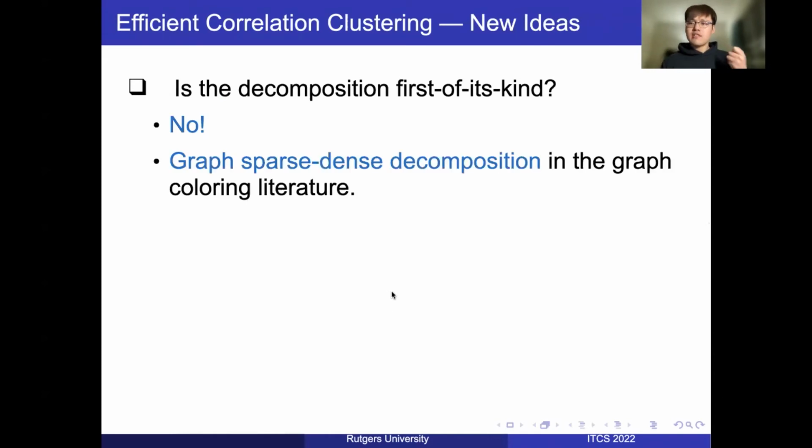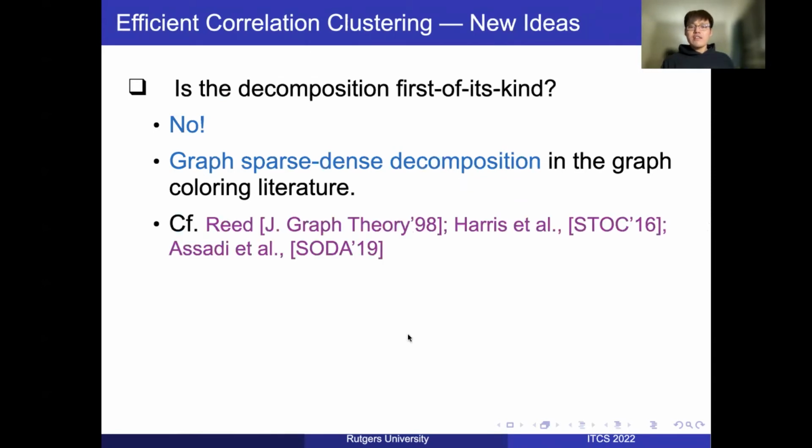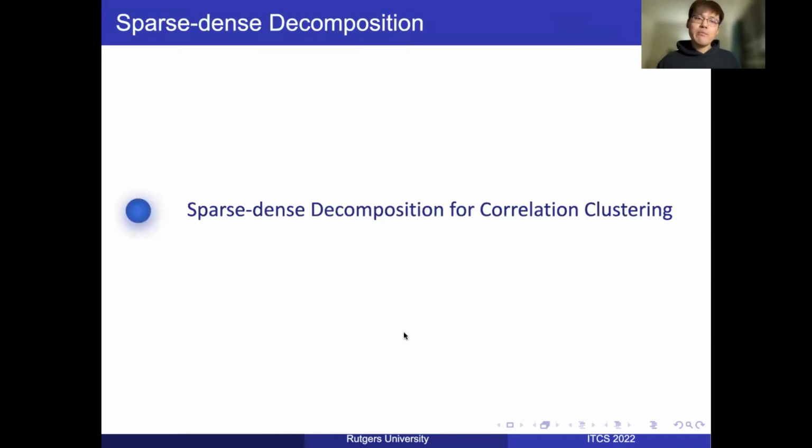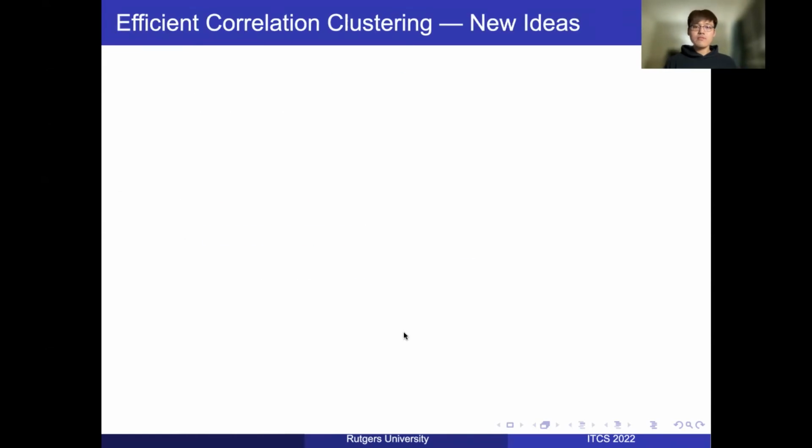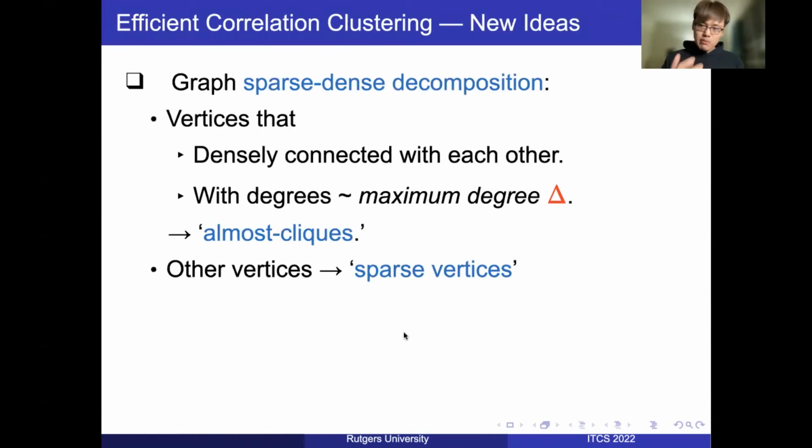There is a powerful tool called sparse-dense decomposition from the graph streaming literature. The line of work was initiated in the graph theory context and, more recently, in distributed and streaming graph coloring. Now let me tell you a little bit about what sparse-dense decomposition is and why it helps correlation clustering. A sparse-dense decomposition, roughly speaking, categorizes the vertices into two types.